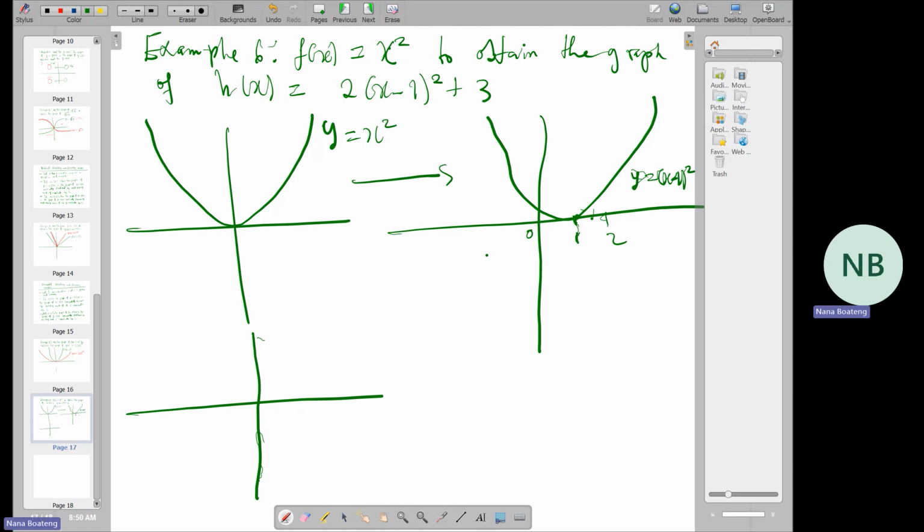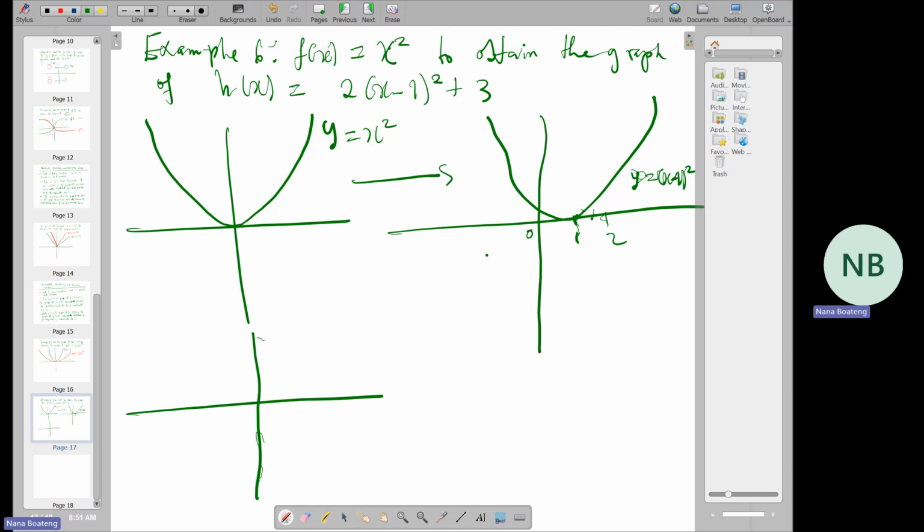Because 2 is less than 1, that will be a horizontal shrinking by 2 units. So that will be dividing the x coordinates by 2 units. So let's try to do that.